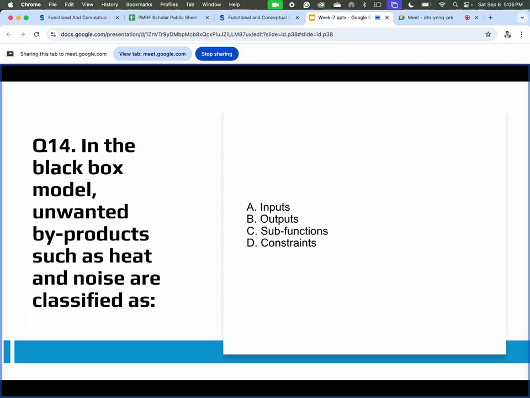They are not a subfunction because they are not a deliberate transformation, nor are they constraints. They are outputs that need management. So the right answer for this question is option B, outputs.